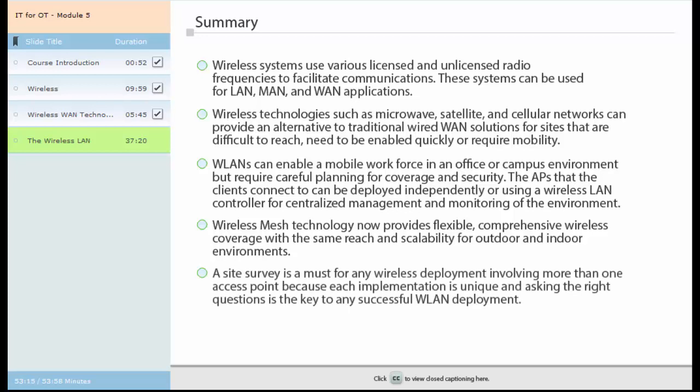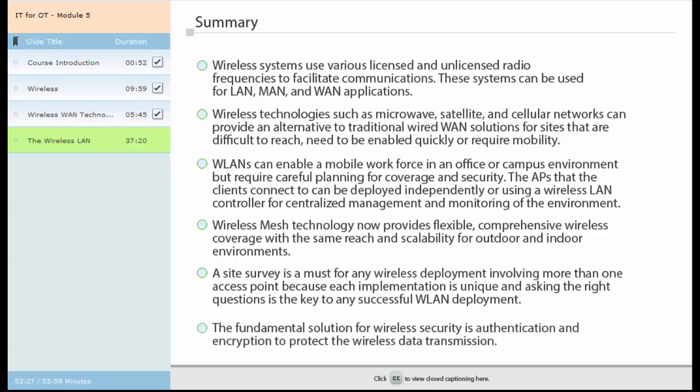A site survey is a must for any wireless deployment involving more than one access point, because each implementation is unique, and asking the right questions is the key to any successful WLAN deployment. And the fundamental solution for wireless security is authentication and encryption to protect the wireless data transmission.